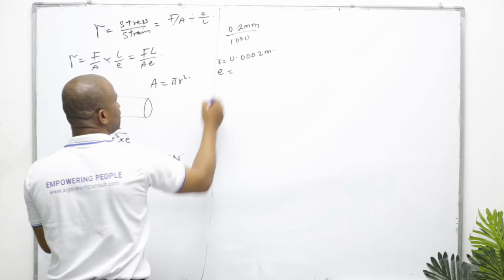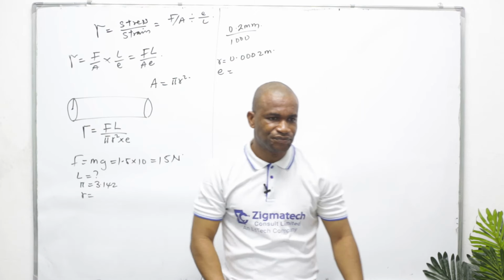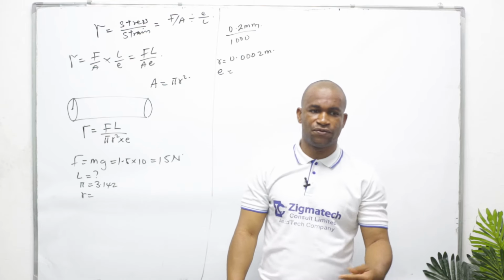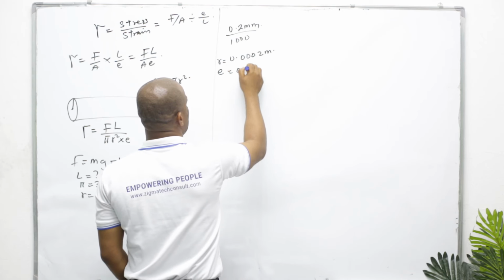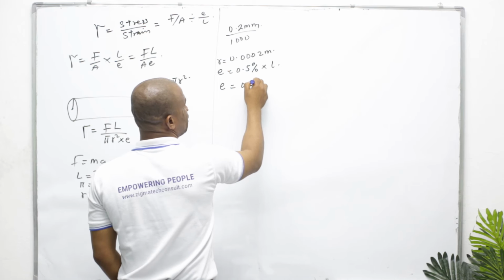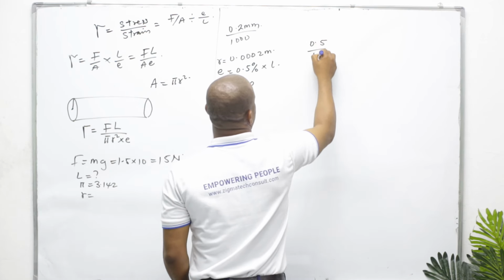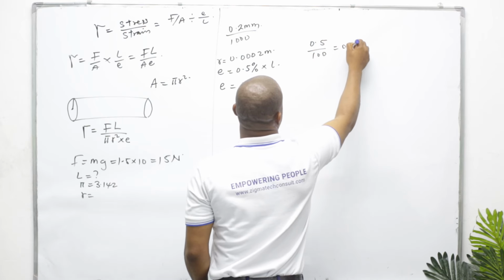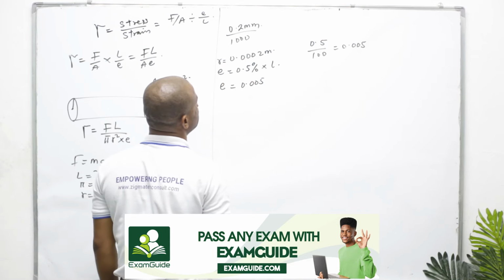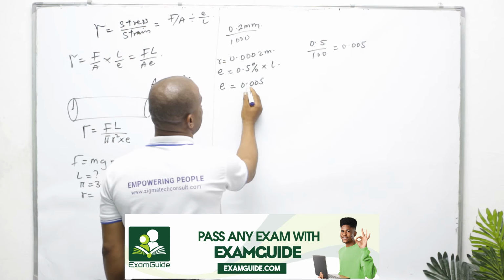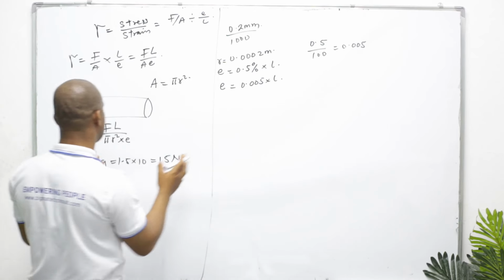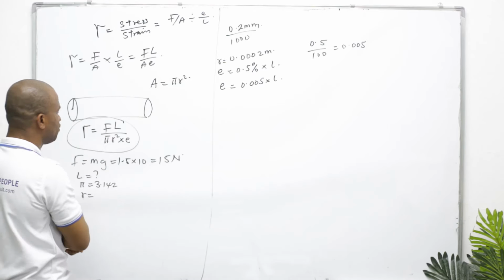But then the extension, they say that the wire is extended by 0.5% of the length. Okay? Extension is 0.5% times the length. Extension is going to be 0.5 divided by 100, which is 0.005 L. So we are going to put them all into this equation or relation.